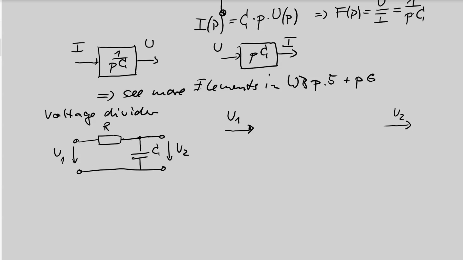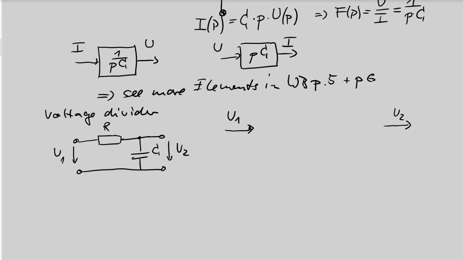So first we look at the circuit, we put down equations, and then we convert the equations into a signal block diagram. Okay, let's collect equations. If I have electrical circuits, then of course the Kirchhoff laws, the node rule and the loop rule, are valid.